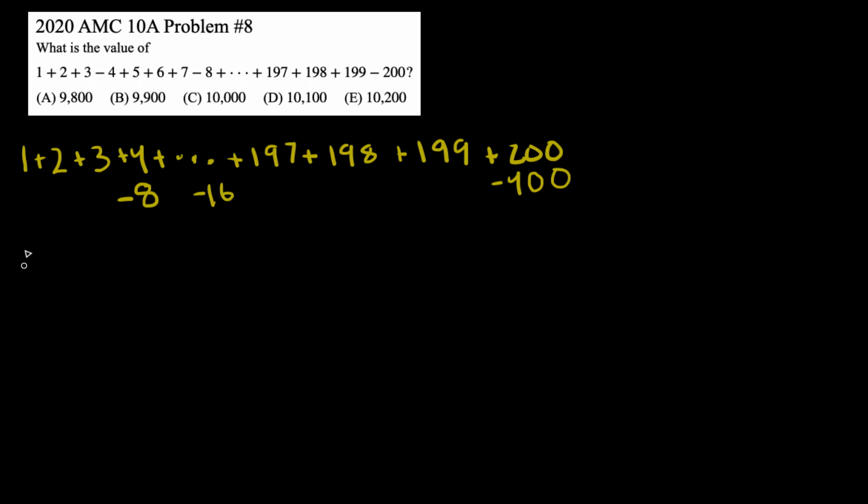from 1 to 200. So we know that that is, again, n times n plus 1 over 2, since the first term is 1 and the common difference is also 1. So in this case, n is 200. So that'll be our n.